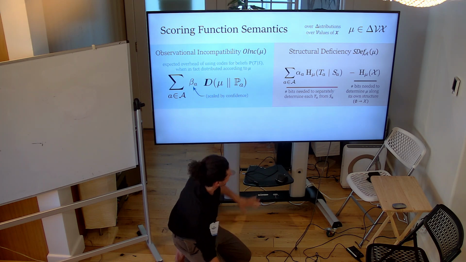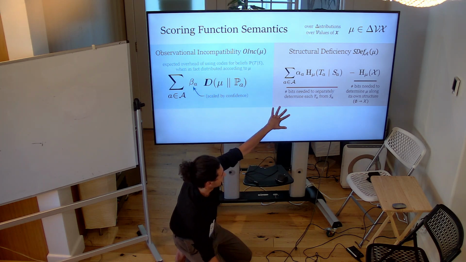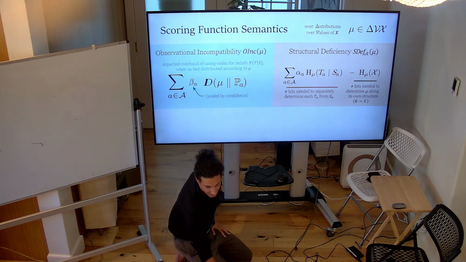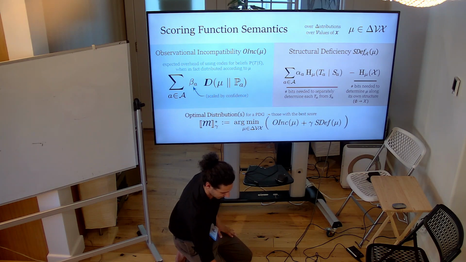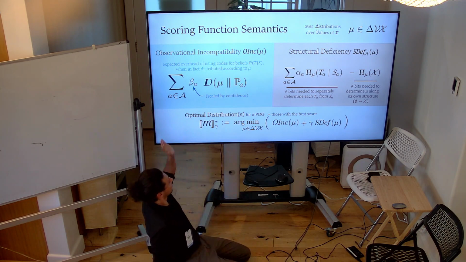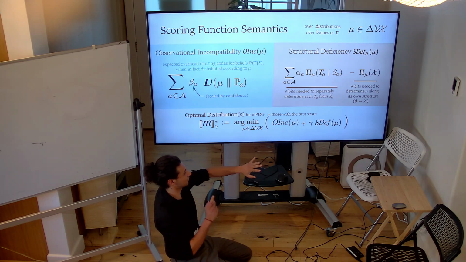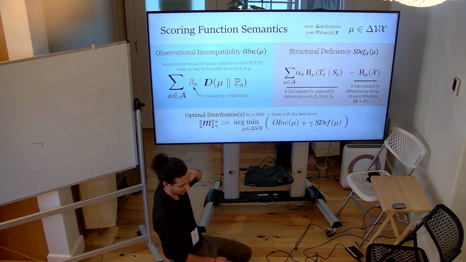Okay, we're not going to talk about this too much though. We really want to focus on machine learning, which is all about observation and not about causality, at least to a first approximation. So to use a PDG as a probabilistic modeling tool, the optimal distributions are the ones with the best score. We'll sum these two functions together and find the distribution that's best.